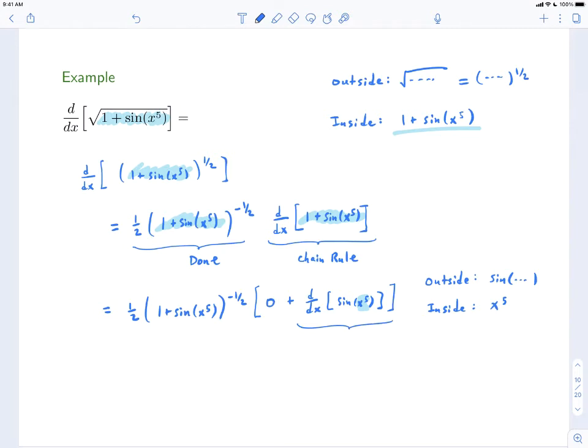The derivative of sine is cosine times the derivative of whatever's inside. But now the thing inside is x to the 5th. It's still inside, and we just compute the derivative. What is the derivative of x to the 5? We can use the power rule, that's 5x to the 4.